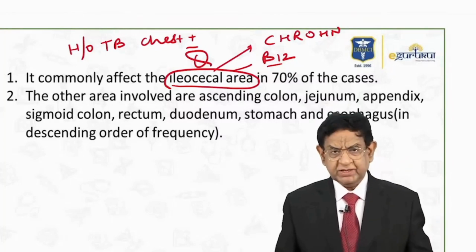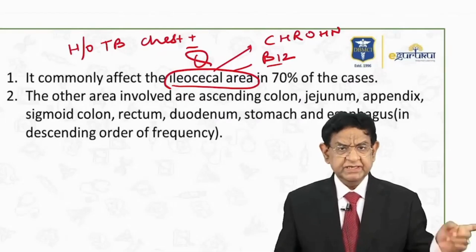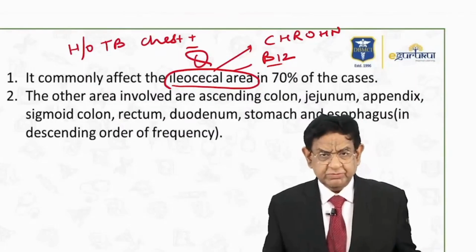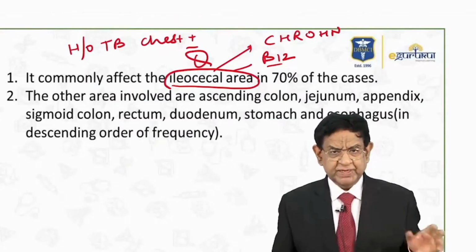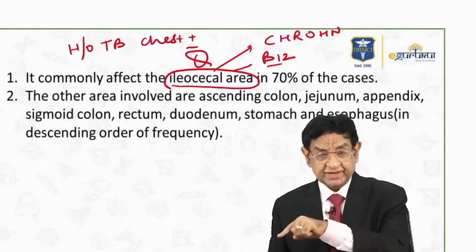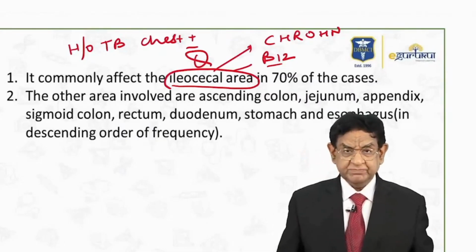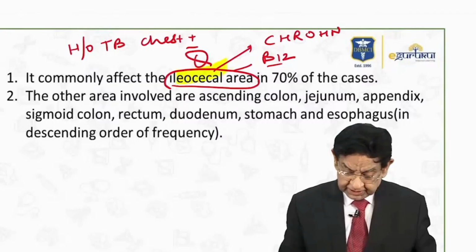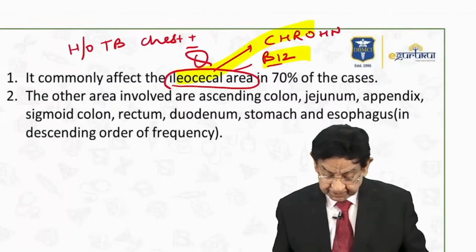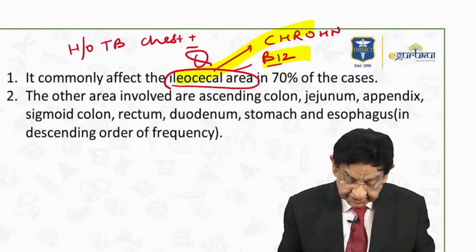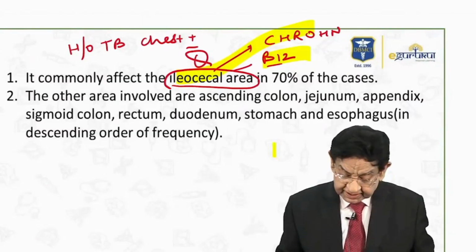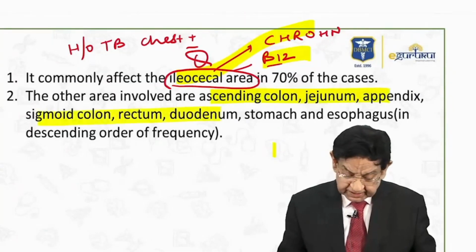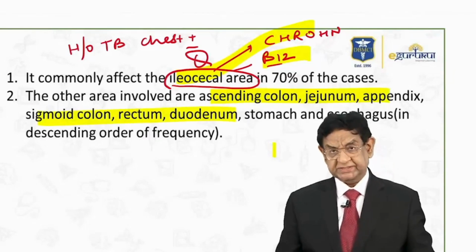Point to be remembered: in celiac disease, B12 deficiency was not a feature. Point to be noted that in tropical sprue, B12 deficiency occurs in the late phase. But in tuberculosis, B12 deficiency is a feature. So these are the two keywords to be remembered. Now, in addition to that, it can involve the ascending colon, jejunum, appendix, but they are uncommon sites.